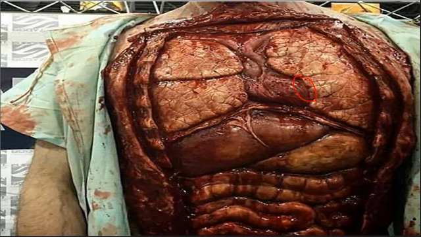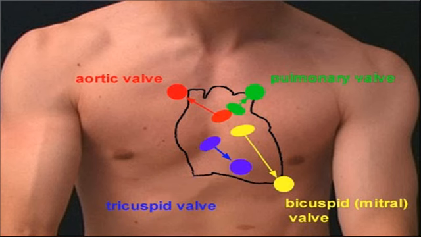Okay, so let's move to the next slide. This tells you about where the heart is present on the actual body. This is basically known as surface anatomy, in which you are spotting.